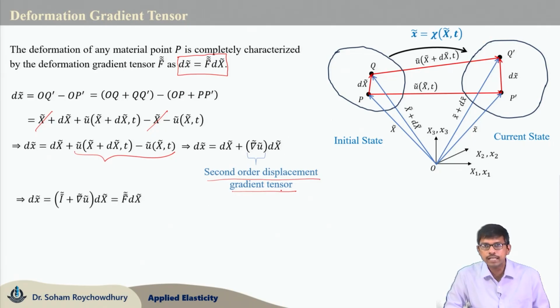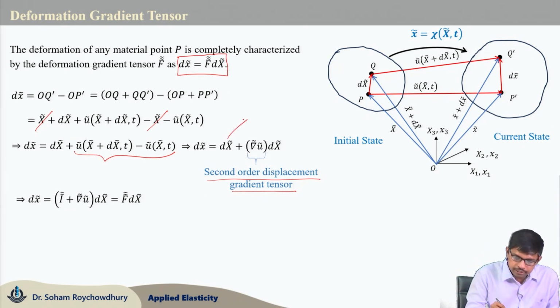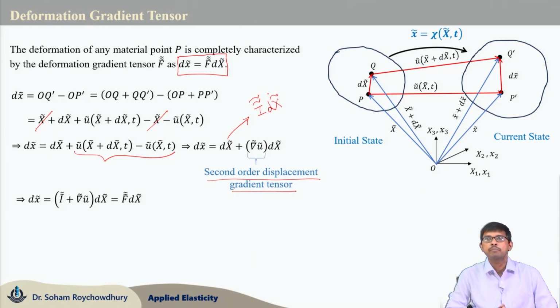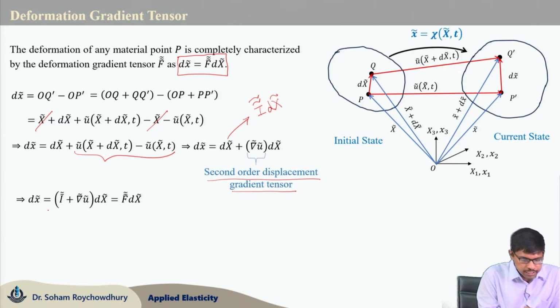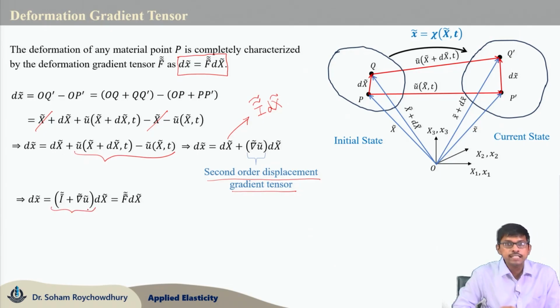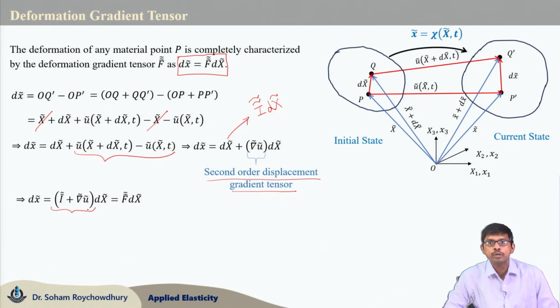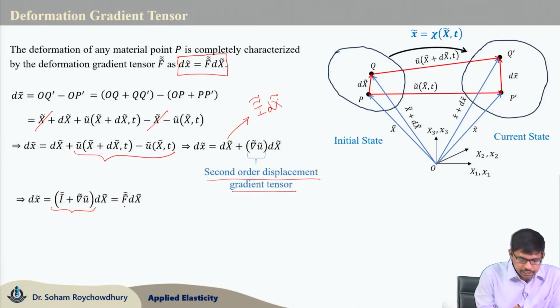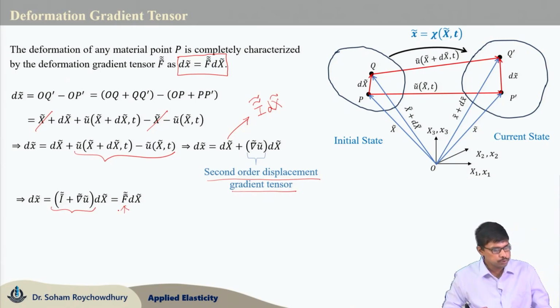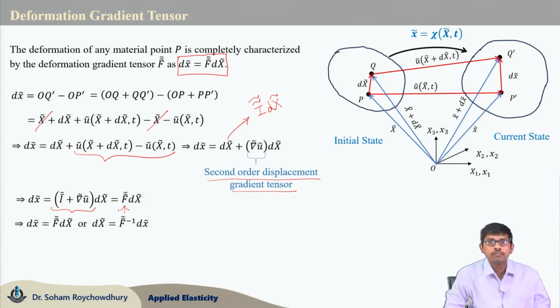Now, with the help of this, we are going to define the deformation gradient tensor. This first term dX can be written as the identity tensor I acting over dX, by the property of the identity tensor, and then combining both the terms, dx would result in the identity tensor I plus the gradient of u, a second order tensor, acting over the undeformed line element dX, and this is the deformation gradient tensor F, which equals I plus grad u.